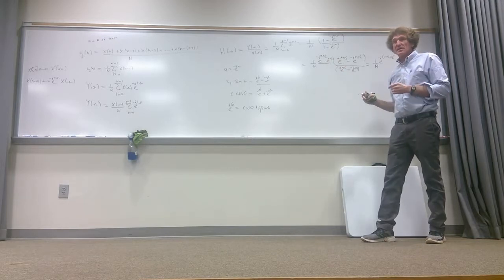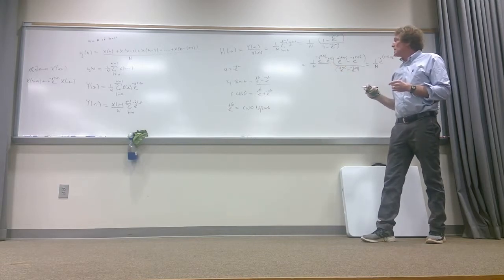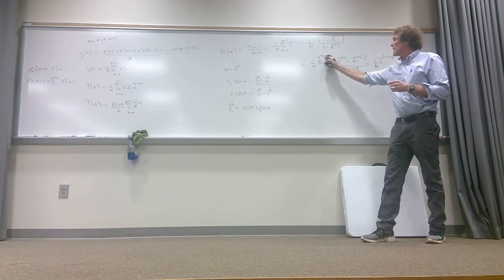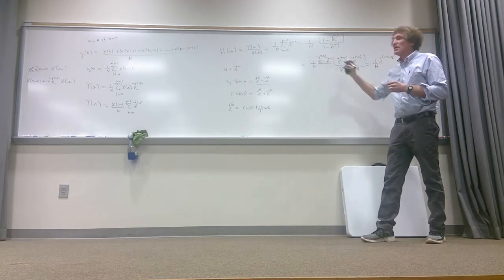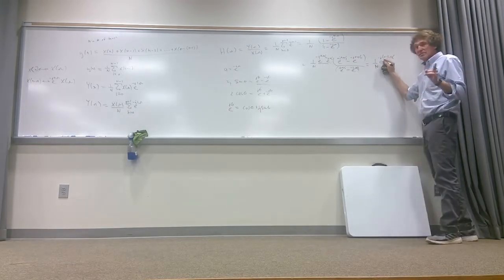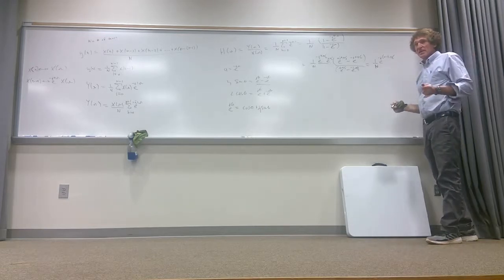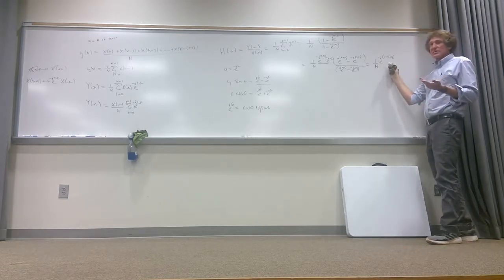Upstairs, you change the sign of the exponential, right? Now, what happens when you add them together? I get e to the what? It's really minus j n omega over 2 plus j omega over 2, right? Add them together, isn't it really n minus 1 times minus j omega over 2? You see it? Yeah. That's all I've done is added those things. So I have a single term.